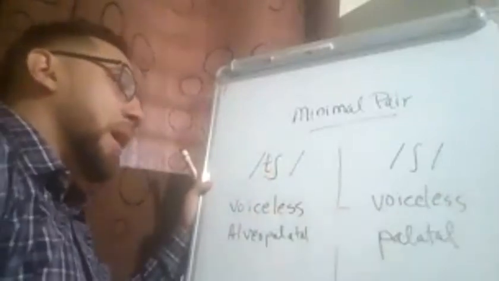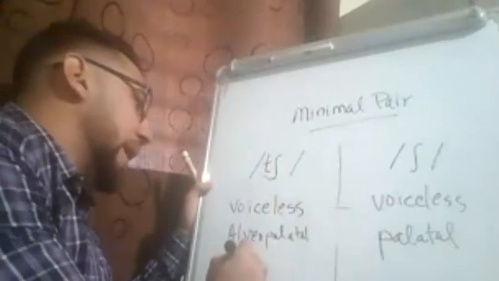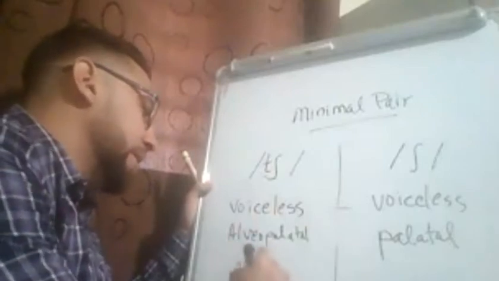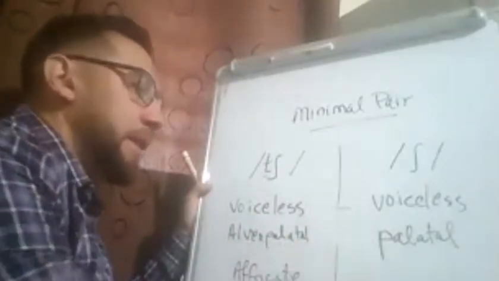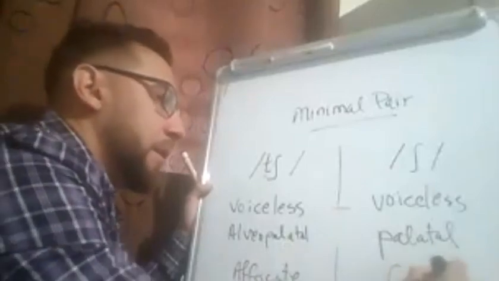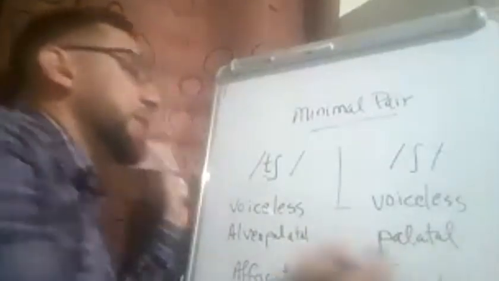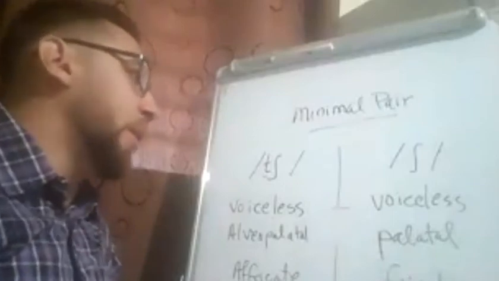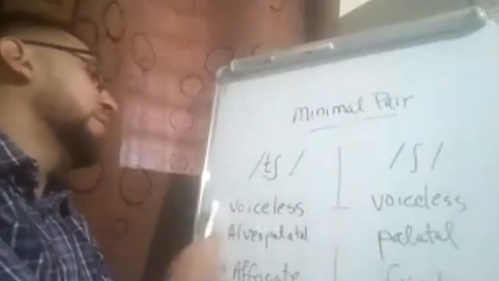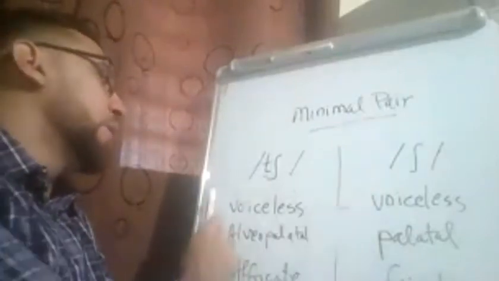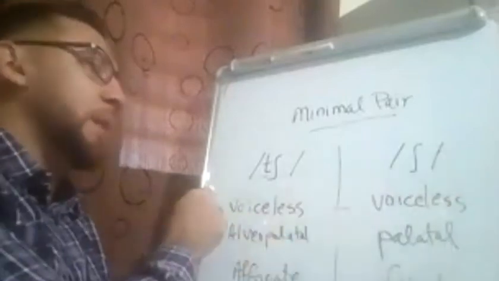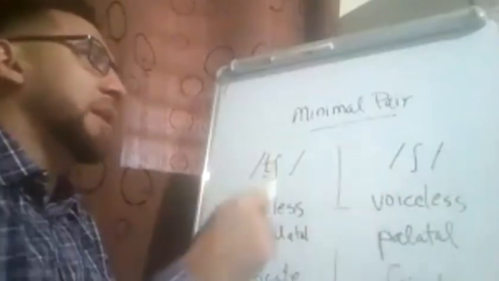And this is an affricate sound, and this is a fricative sound. So the manner of articulation is also different. In this case, they only have one thing in common, which is voiceless and voiceless, so the voicing is the only thing they have in common. So these two are definitely not minimal pairs.